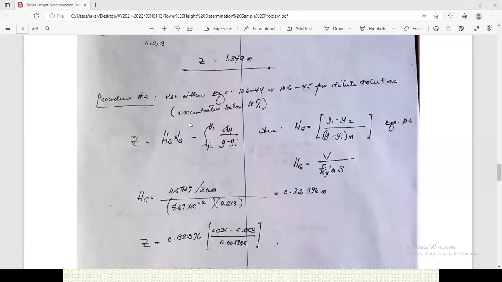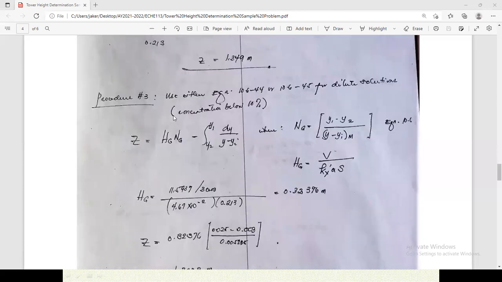Okay? For procedure 3, this is using the number of transfer units where Z is equal to HG and NG. And this is applicable for dilute solutions also. You have here the formula for NG. This is your formula. HG is this one.